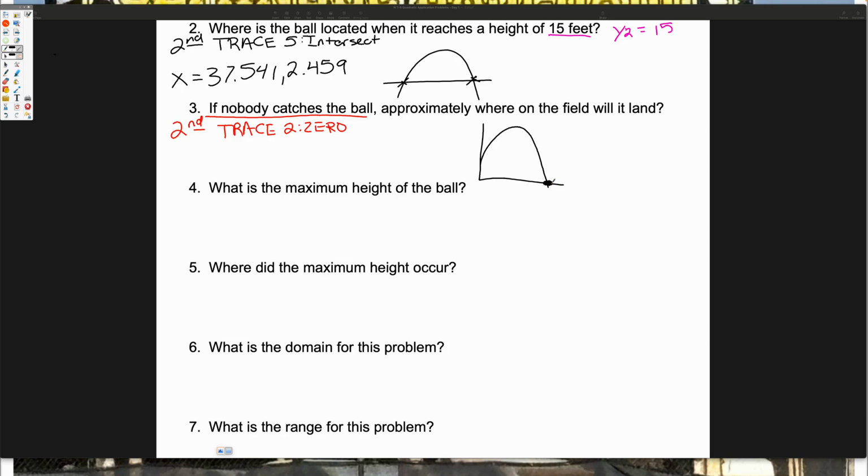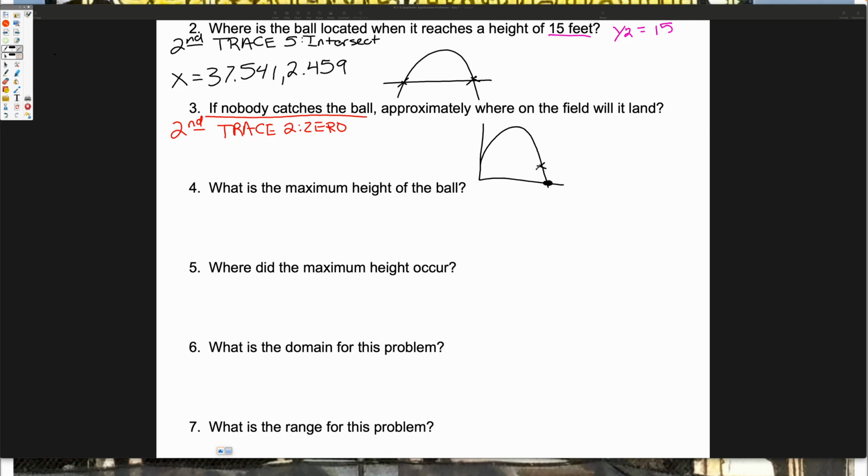So when it says left bound, I'm going to put my cursor up and to the left of it. Not very much, but just enough to be up and to the left of it, where I can still see it.